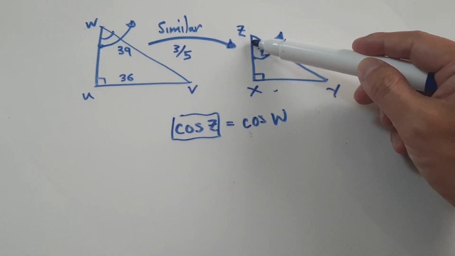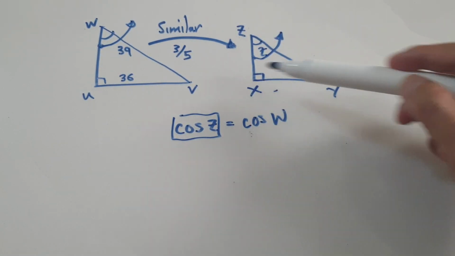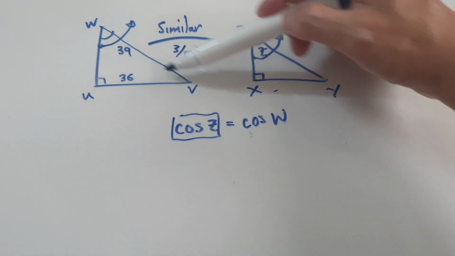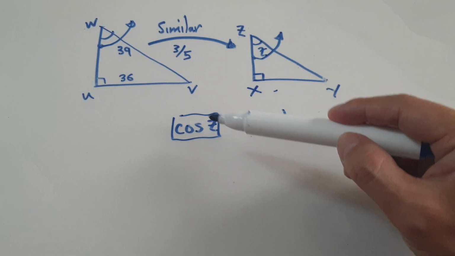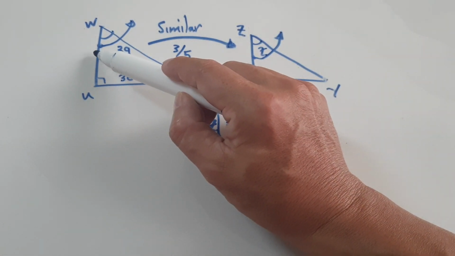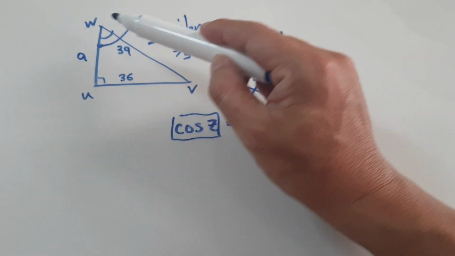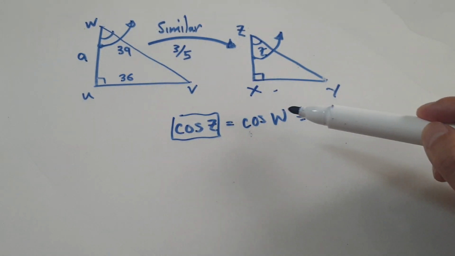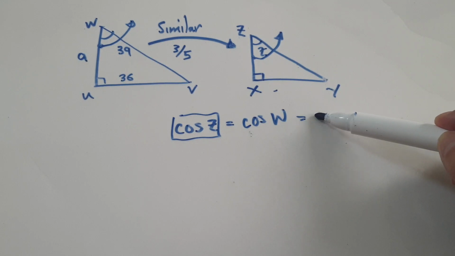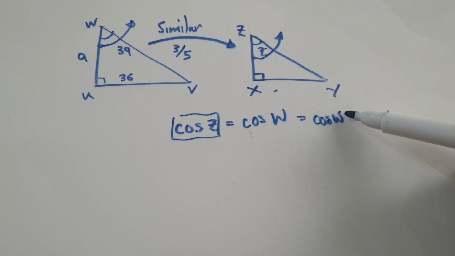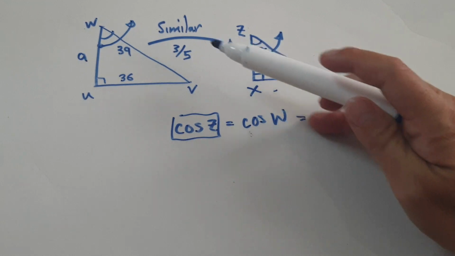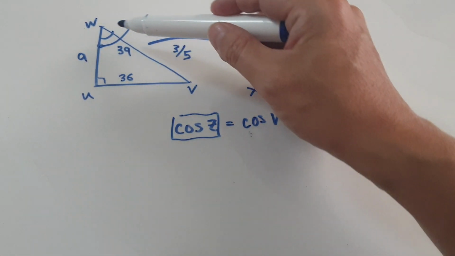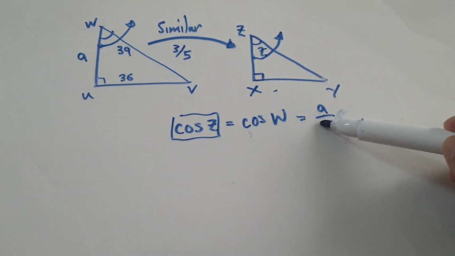So rather than finding out this length and then dividing by this length, you can just get this length divided by the hypotenuse. So really, it all boils down to you trying to figure out this length here. Let's call it a. If you can work out a, then cos of w is actually equal to a divided by this hypotenuse, which is 39.